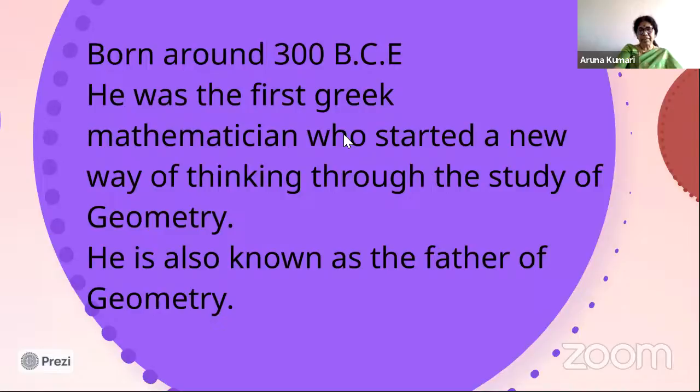I am giving just an idea. If you like to write about the contribution of Euclid towards geometry, if you select that project, you have to do this, but not copy. You have to take the copies and read them well, and then you get the main points that you have to write as your project.